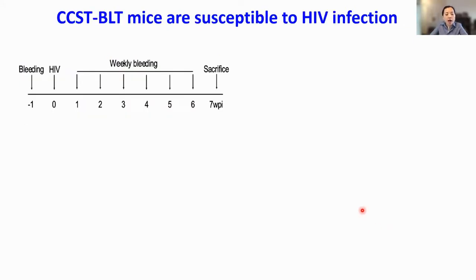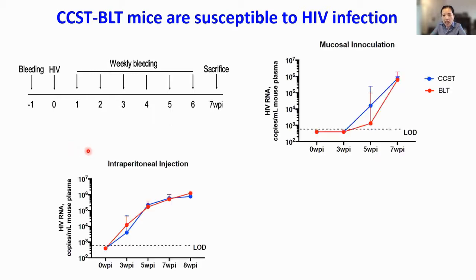We then went on to see whether the CCST mice are susceptible to HIV infection. So for this, we infected these mice with a CCR5 tropic HIV, and then we followed them for a period of 7 to 8 weeks. So as you can see from here, at the level of viremia, CCST mice, as shown here in the blue line, are just as susceptible to HIV infection as BLT mice.